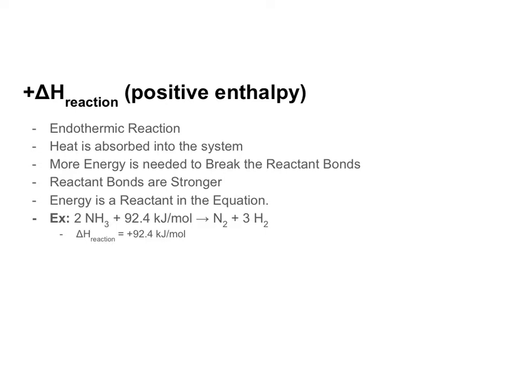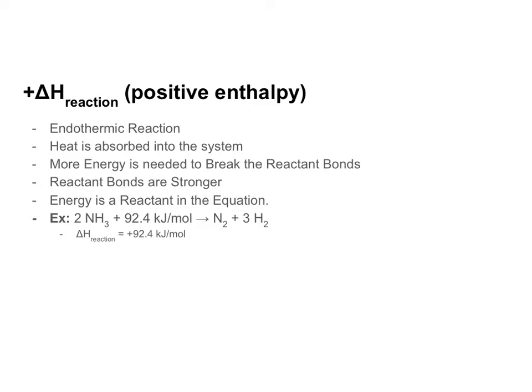Positive enthalpy is representative of an endothermic reaction. It means that heat is being absorbed into the system. More energy is needed to break bonds, because reactant bonds are stronger. Energy is a reactant in positive enthalpy equations.